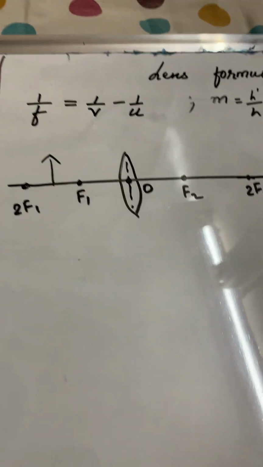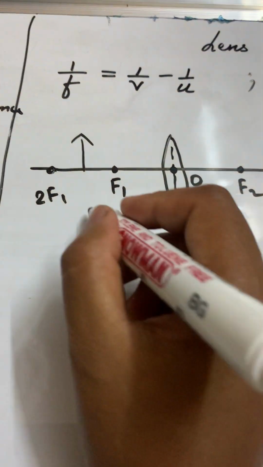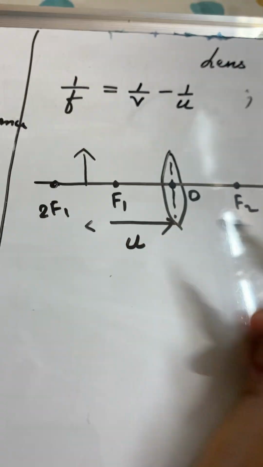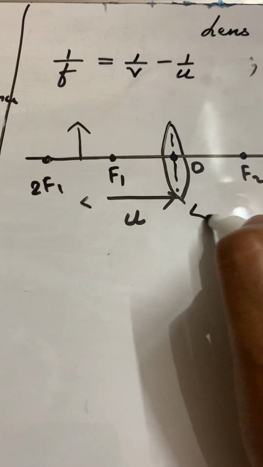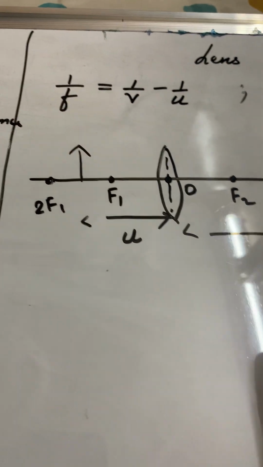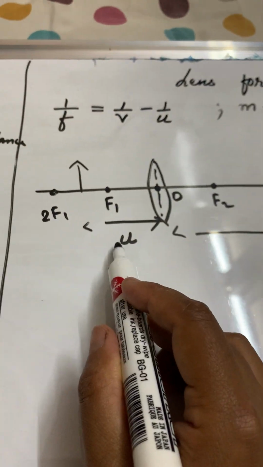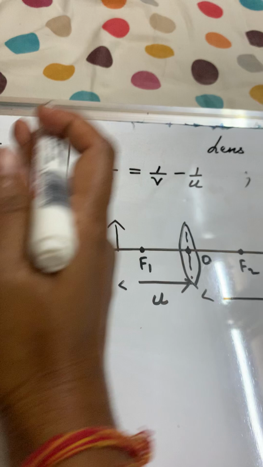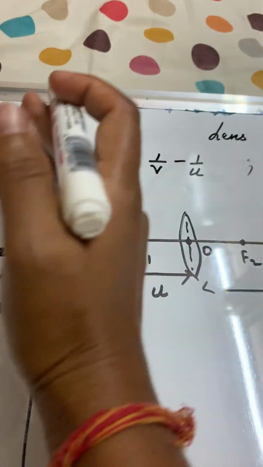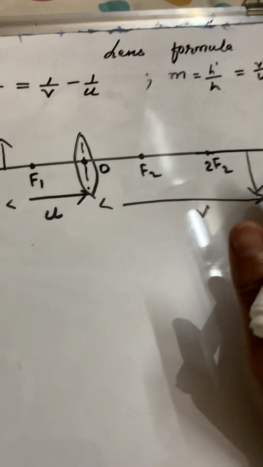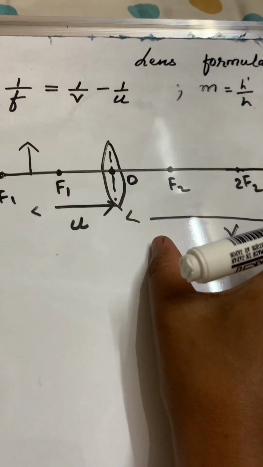Okay, now this is what? This is object distance. Okay, and this is what, student? This is image distance. This is v. Right? Now, u is positive or negative? U is on the left side. The object always has to be on the left side. So u is what? Minus. And where is the image? Image is on the right side. So v has to be plus.